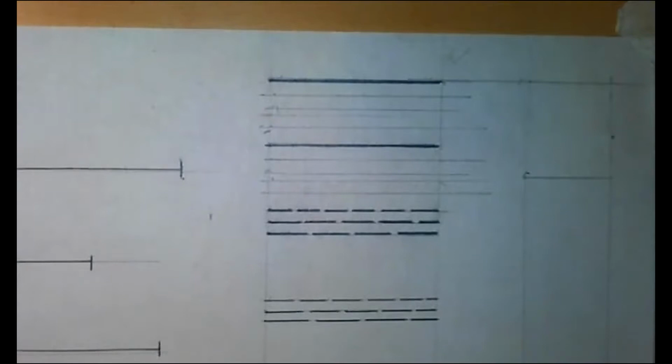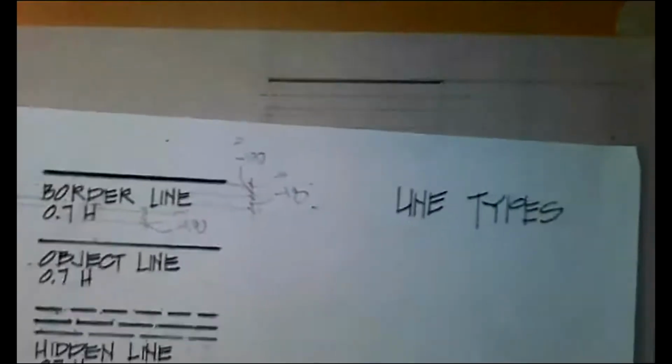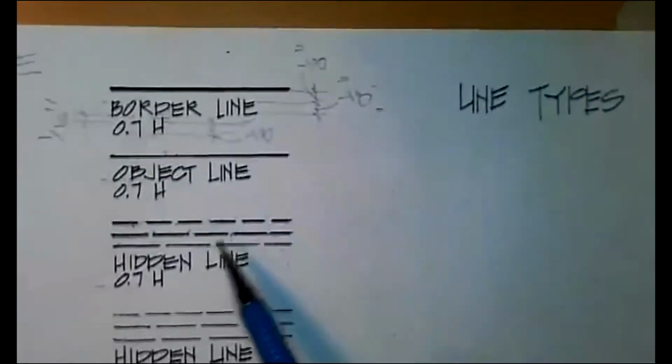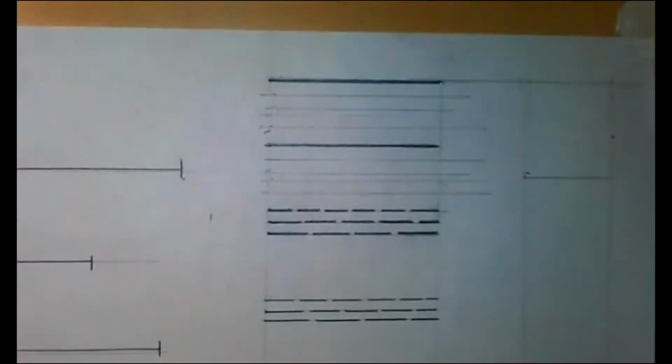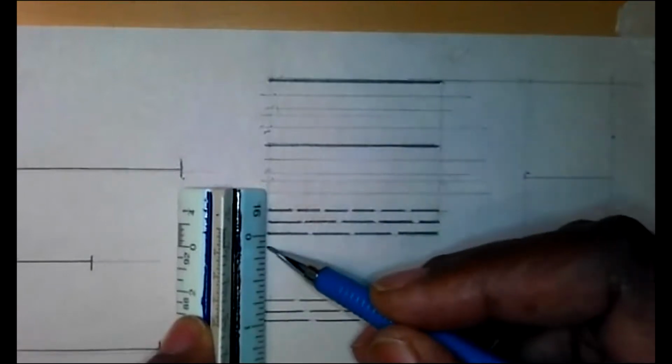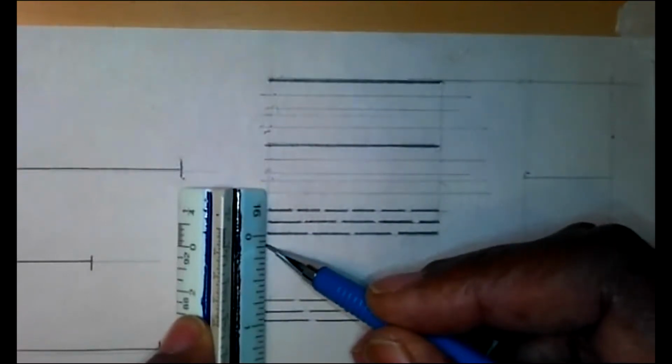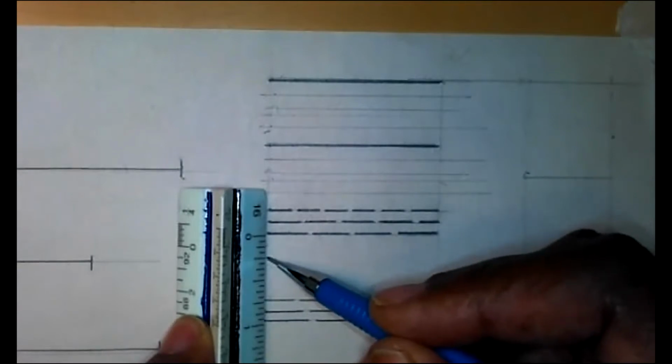So I'm just going to continue to work down with you. Let's go to these hidden lines. I need 1/8, 1/8, 1/16, 1/8. That's what I need. One eighth, 1/8.